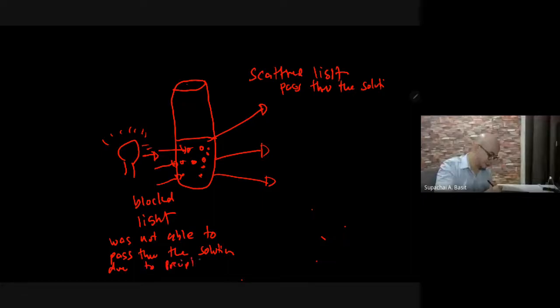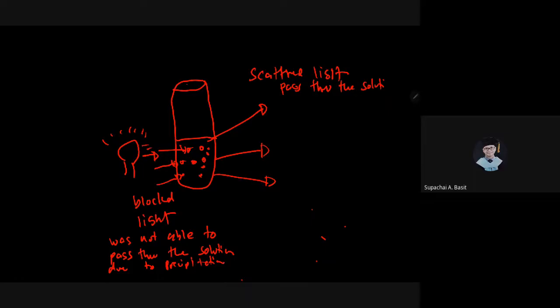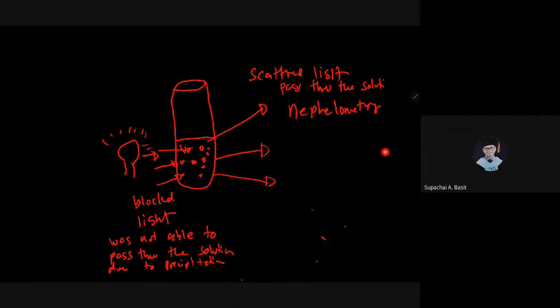Due to precipitation. So when we measure the light that was able to pass through, we call it nephelometry. We are measuring the scattered light. But if we are measuring the blocked light, the technique is called turbidimetry.